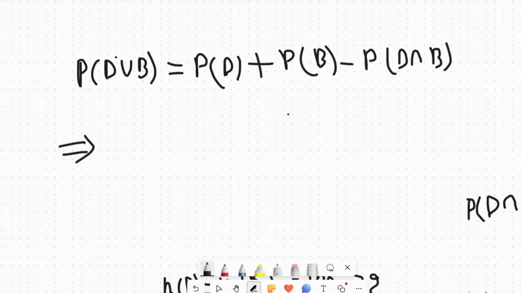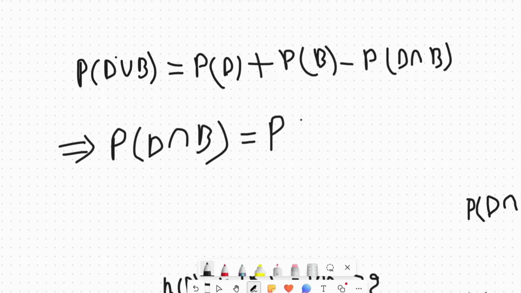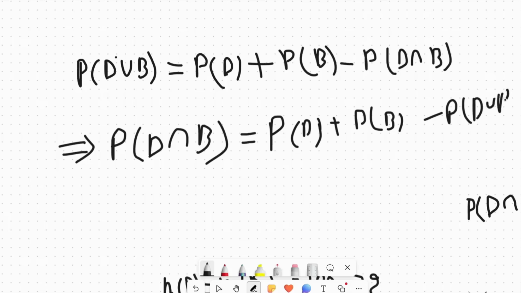If we find this value, then probability of dull blue equals probability of dull plus probability of blue minus probability of dull union blue.